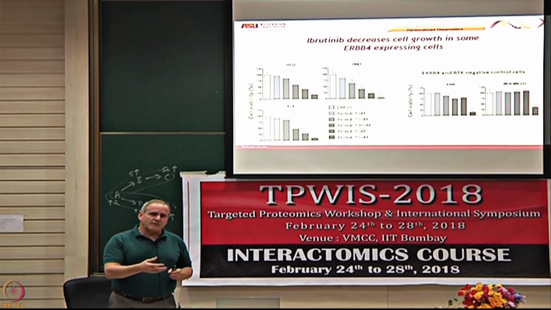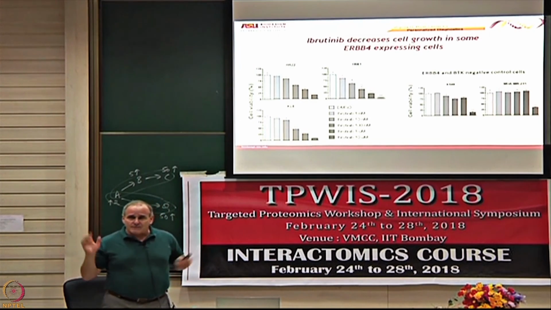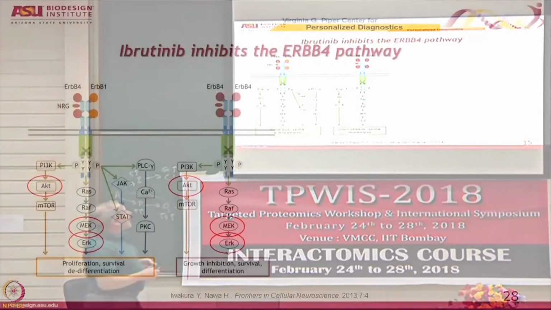How do you know that it's really inhibiting it in these cells in a way that affects the biochemical pathway driven by ERBB4? Because you have to show that, right? You can't just say, well, okay, it inhibits in vitro, but I don't know what happens in vivo. So let's look at the pathway.